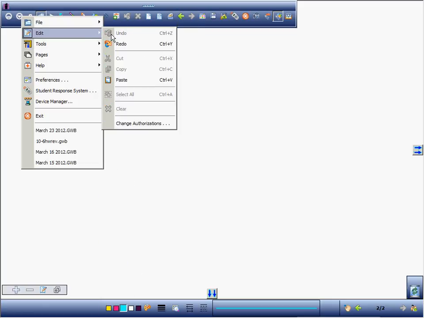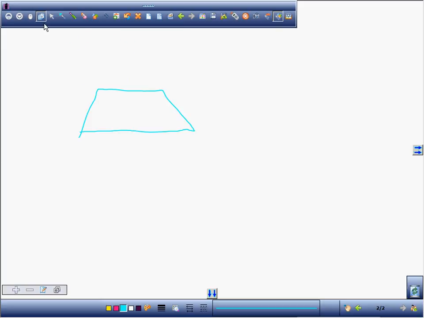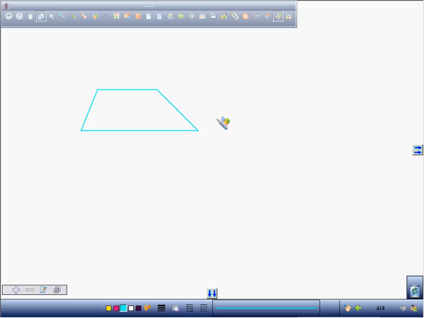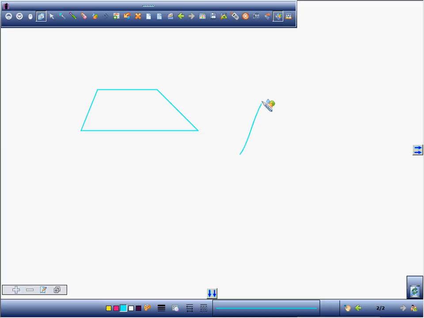Go to Edit. There you go. One more time. So I'm going to try using this tool again. Let's try to draw this. Okay, not bad.